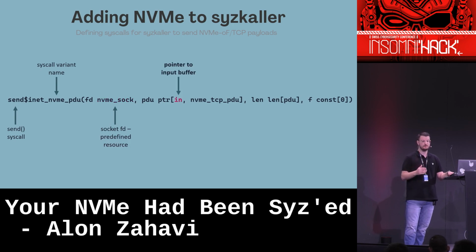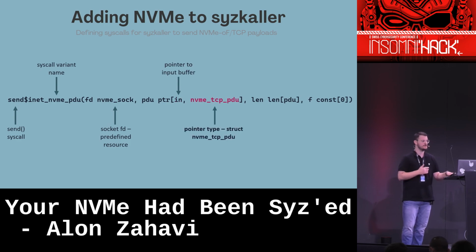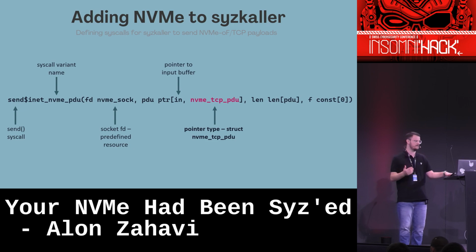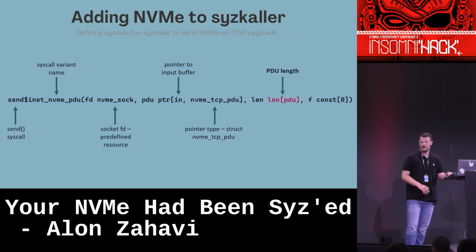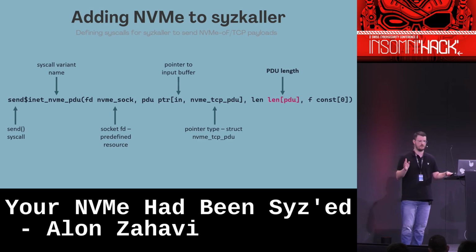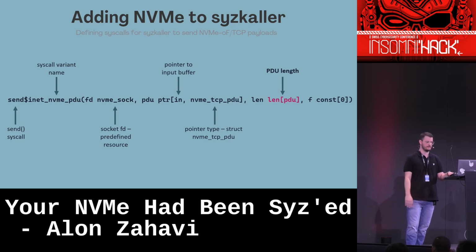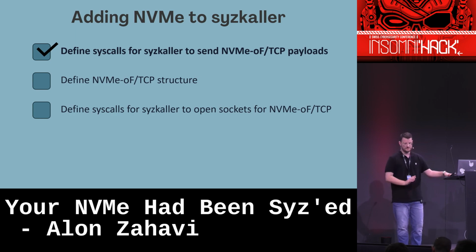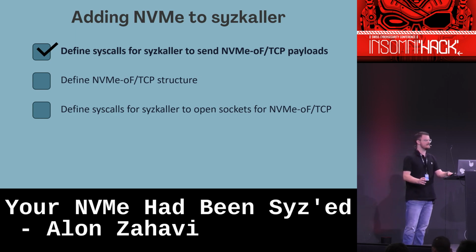We pass it an input pointer of the PDU from the type NVMe TCP PDU, which is a structure we'll need to describe later on. And we send, of course, the length of the PDU. The last parameter there is just the flags. We always send a constant of 0, because we don't need any special flag. We successfully defined the send syscall.